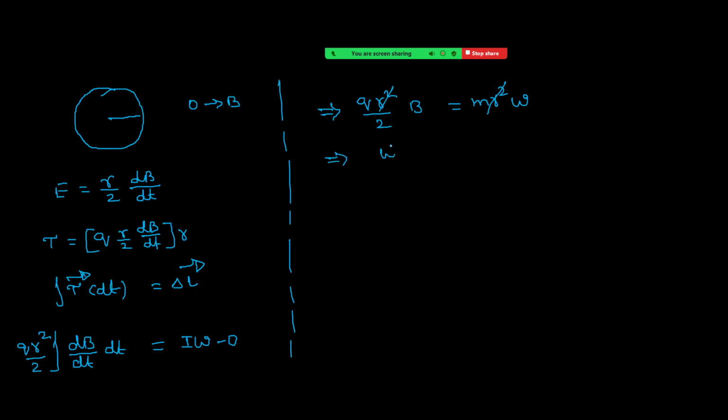So omega is equal to qB by 2m. This omega is a constant. In the previous case, the field was changing continuously, so omega depended on time. But here, omega is a constant. I hope you got clarity.